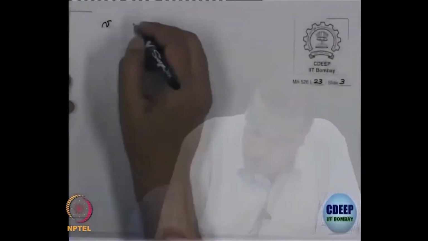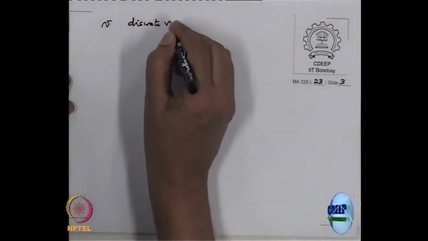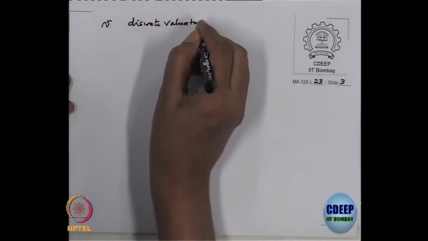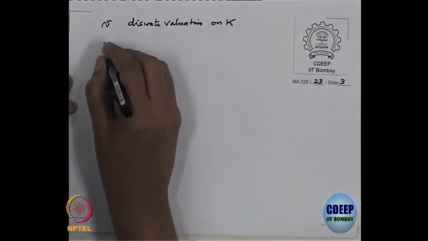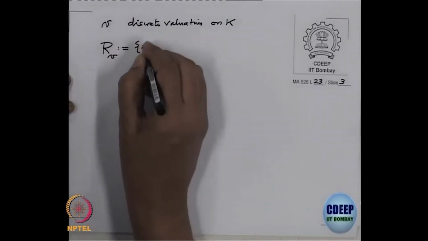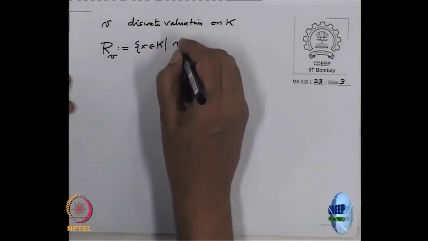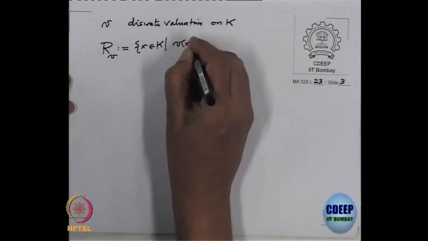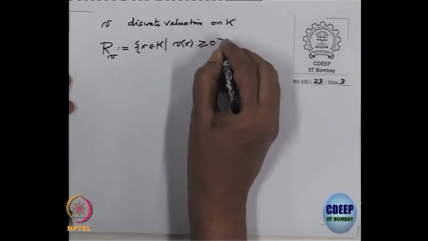Okay, so a little bit of notation. For each discrete valuation V on K, we define RV. This is by definition all those elements x in K such that V of x, which is called the value of V at x, is non-negative.